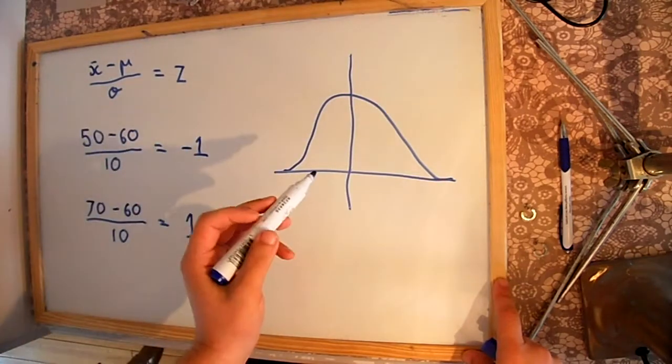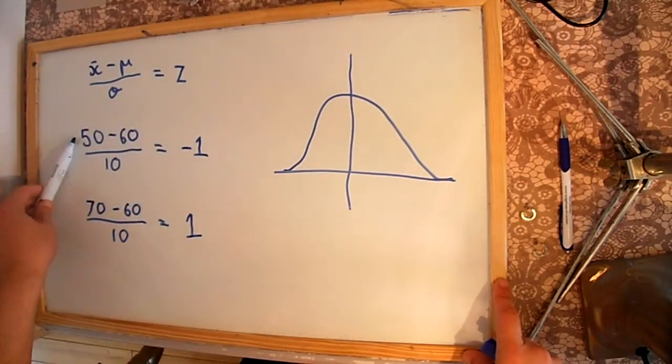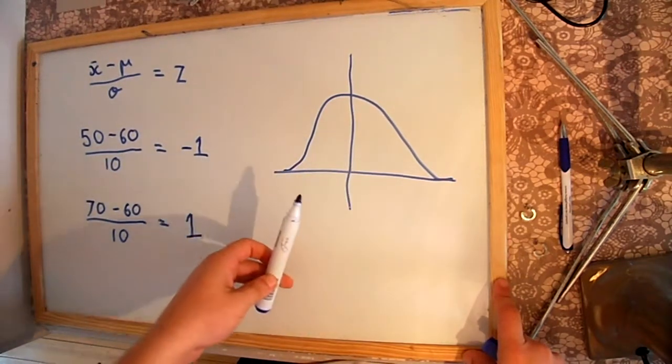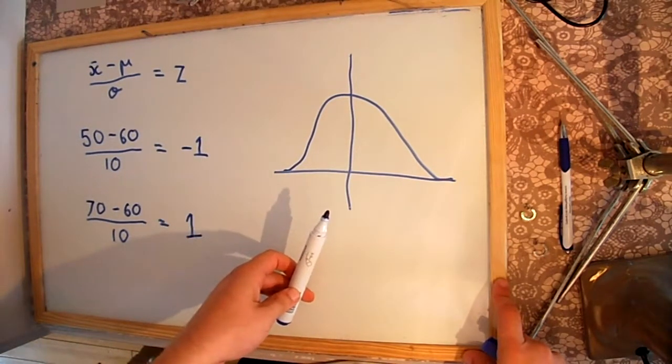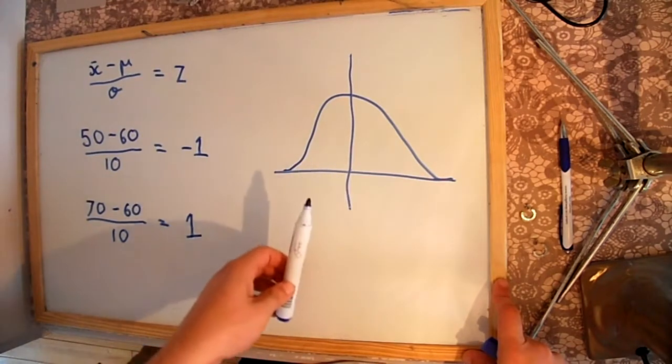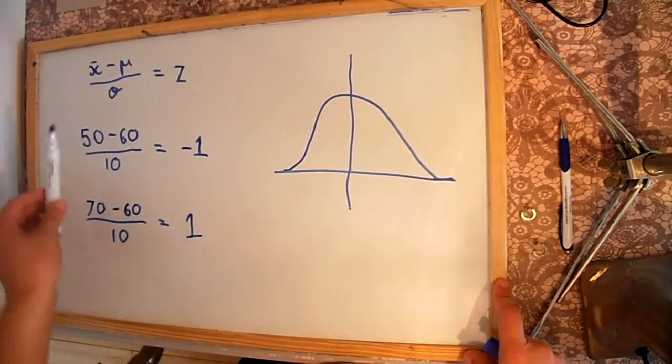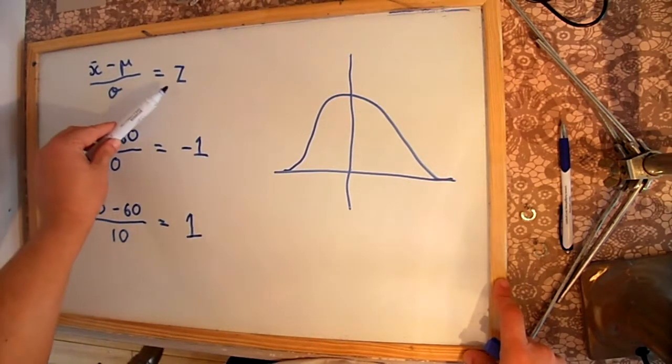We're given the mean, and we're trying to find how far 50 and 70 are away from the mean, and then we'll go to the log tables and find the corresponding probability values related to the z values. So you can see here, this is the equation to find the z value.